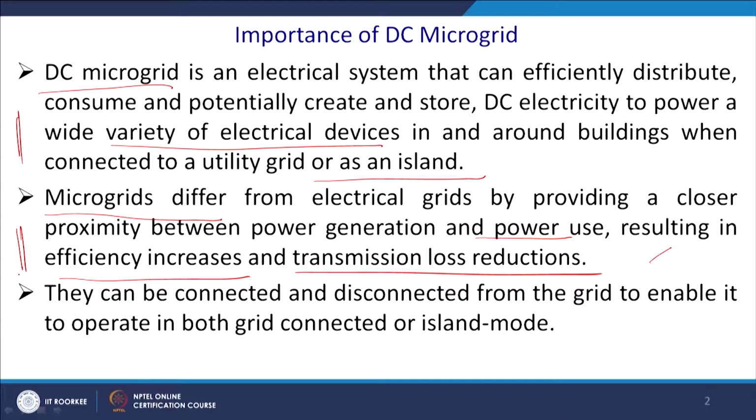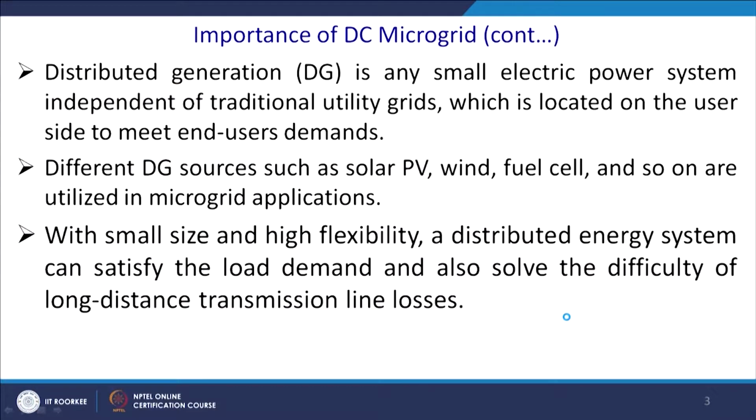But since this space is no longer existing, you have a potential to reintroduce the DC, and they can be connected or disconnected from the grid to enable it to operate in both grid connected or islanding mode.